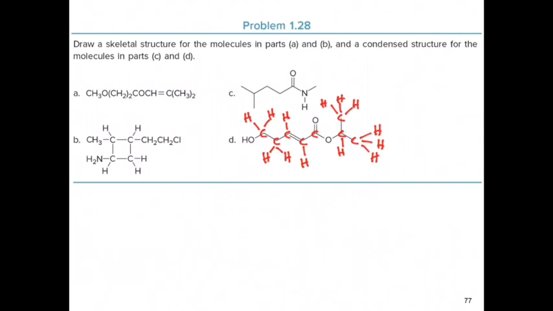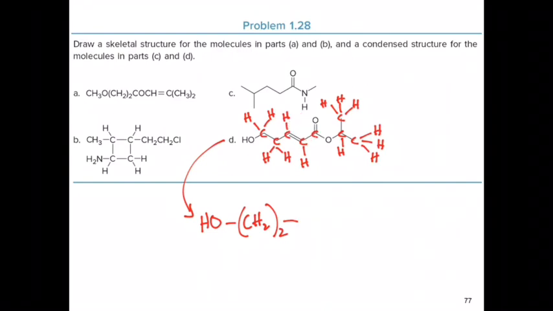All right, and so now we can condense this further. So we have an HO here that's bonded to a CH2 and then another CH2. So we can group this together. And then this carbon is bonded to this carbon that's double bonded to another carbon.